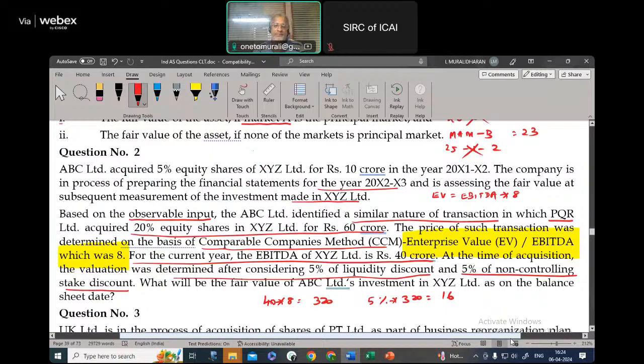What do you mean by that? We have on 16, we need to deduct towards 5% for liquidity discount. What do you mean by that? So since it is not a company where it is listed, to sell these shares, you may have to discount it.